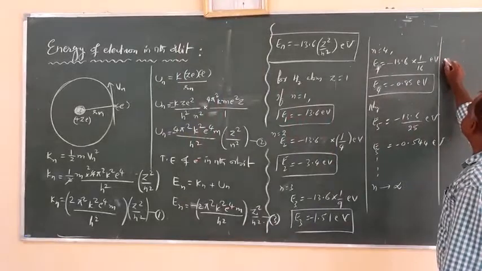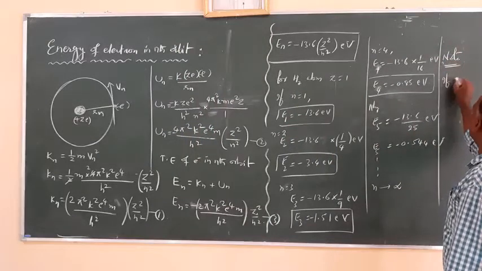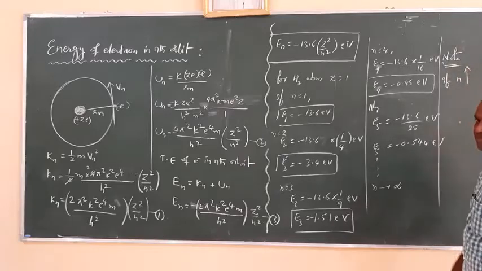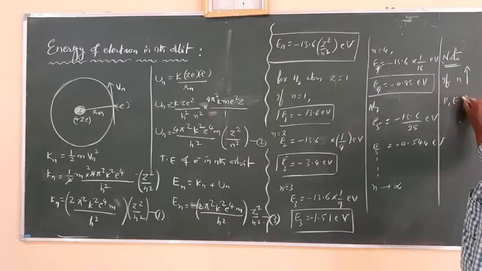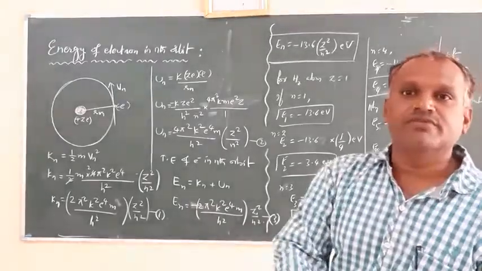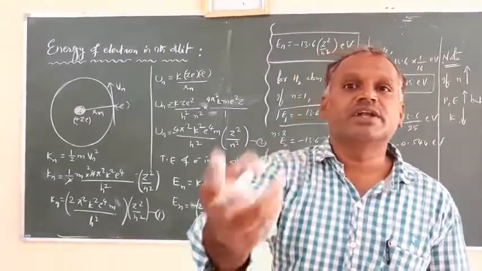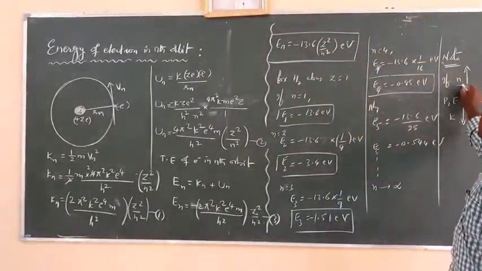So if the n value increases, potential energy and total energy increase, but kinetic energy decreases for electrons revolving in different orbits with increasing radius.